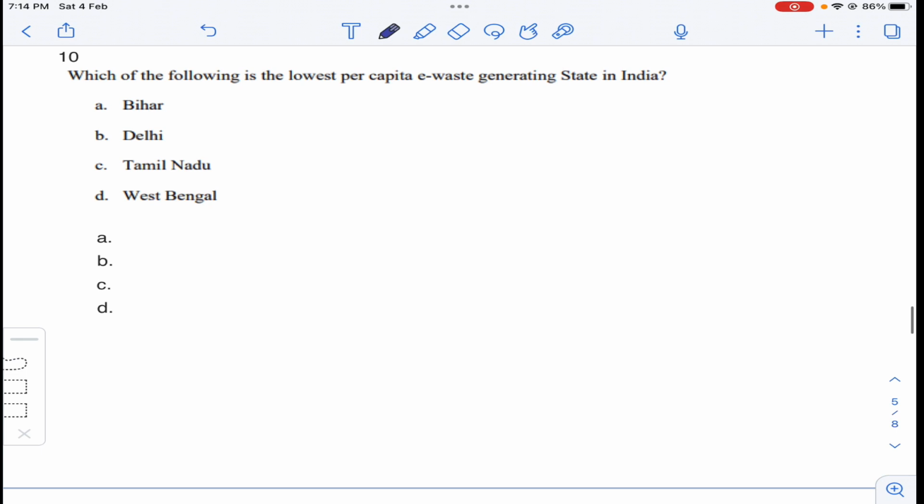Coming to question number 10, which of the following is the lowest per capita e-waste generating state in India? The answer is Bihar. So, lowest is Bihar and highest is Delhi.